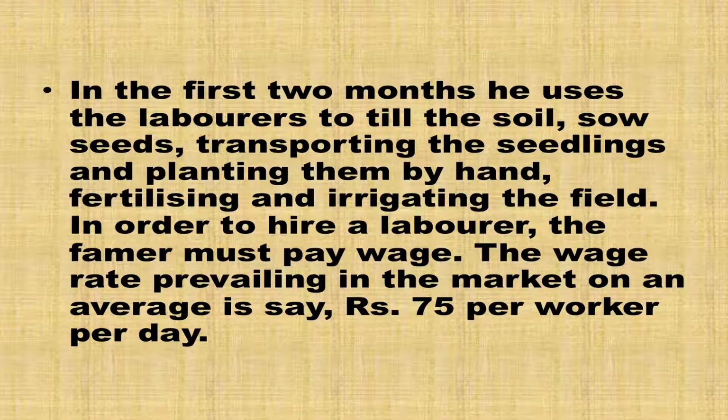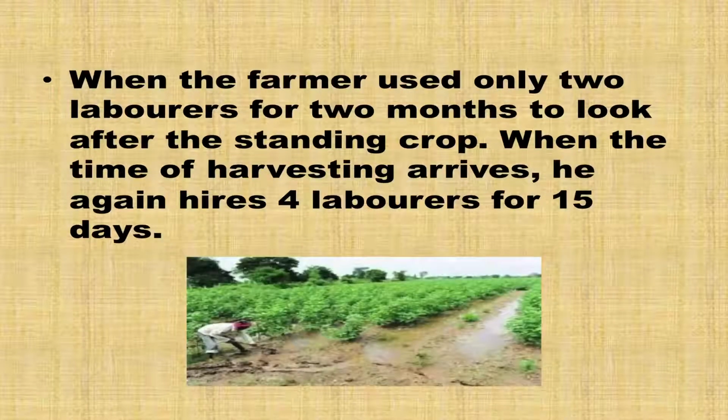In order to hire a laborer, the farmer has to pay some wage. The wage rate prevailing in the market on an average is say rupees 75 per worker per day. The farmer then uses only 2 laborers for 2 months to look after the standing crop. When the time of harvesting arrives, he again hires 4 laborers for 15 days.